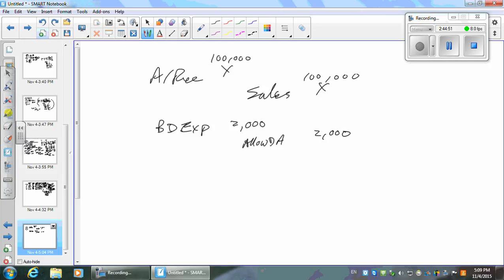Okay, let's say that they estimated that 10,000 of that's going to be returned. Pretty high returns. What would you do? You could credit allowance for sales returns and allowances. Sounds ridiculous. Another contra account, and I put the 10 grand in there, and I debit 10,000.